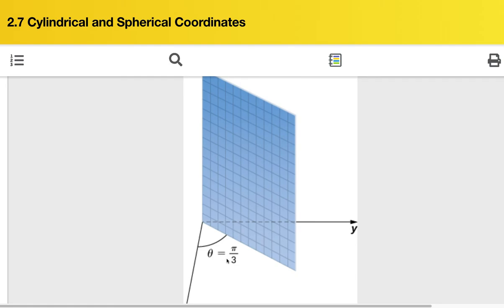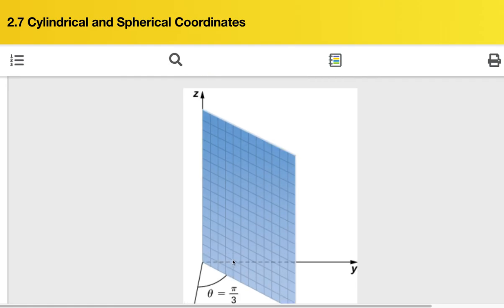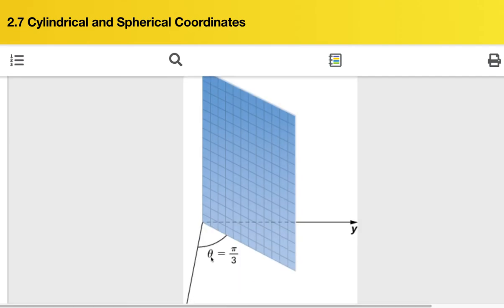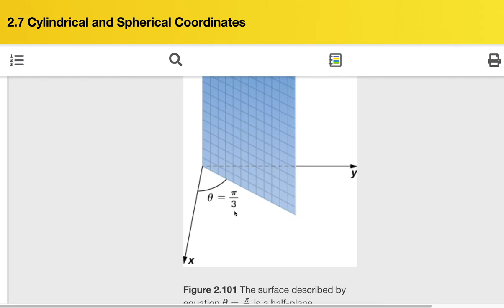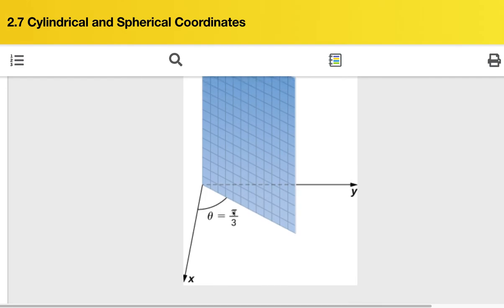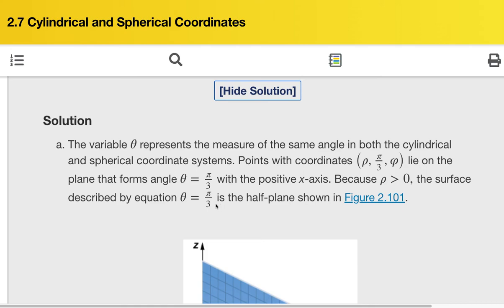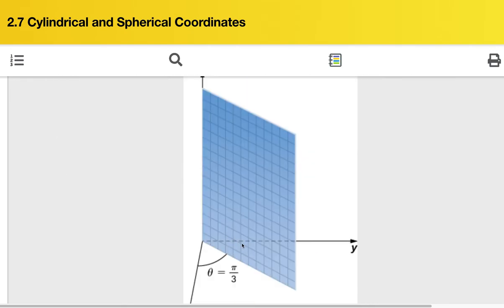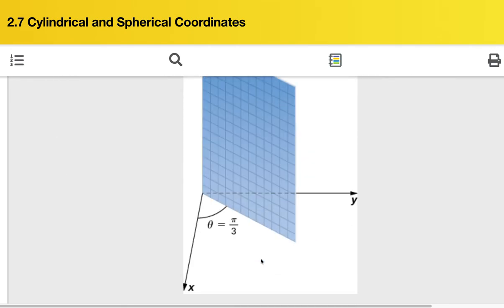When theta is a constant, what we are having here is a plane passing through the z-axis, such that the angle going back to the x-axis, or to the xz plane, is pi over 3. Theta equals pi over 3 is a surface like the blue plane here.